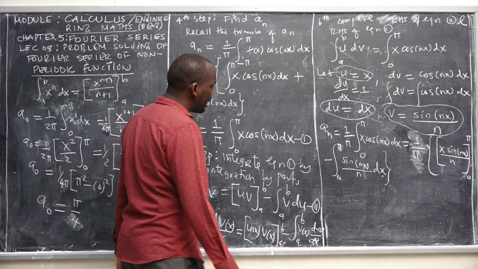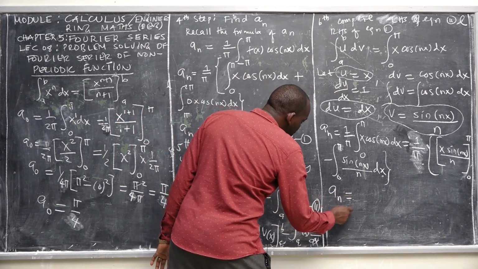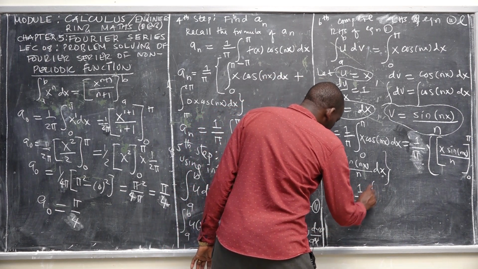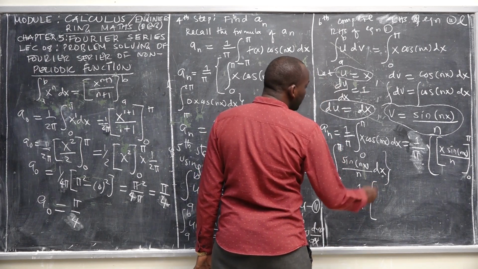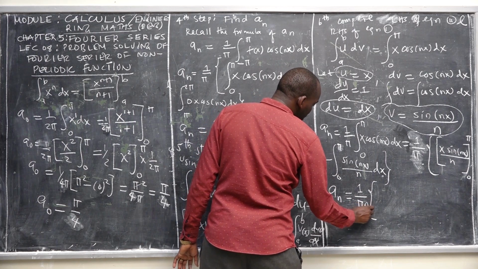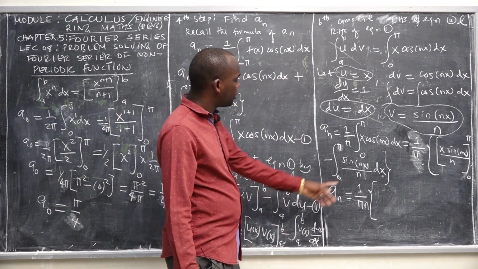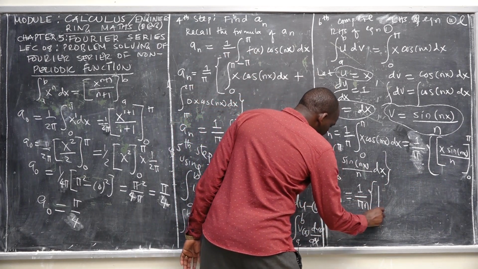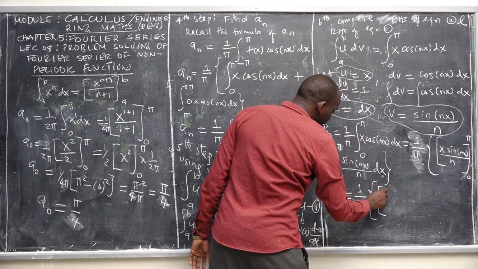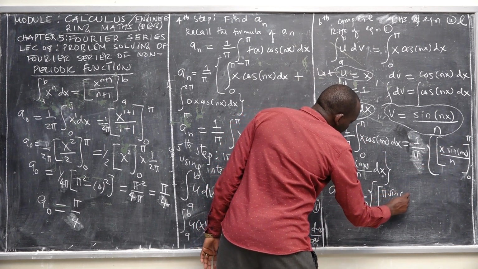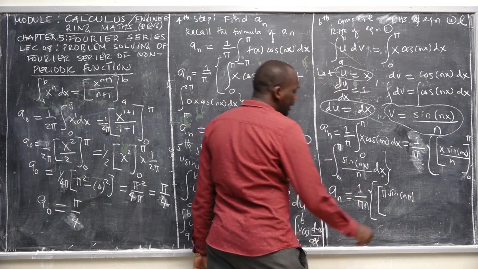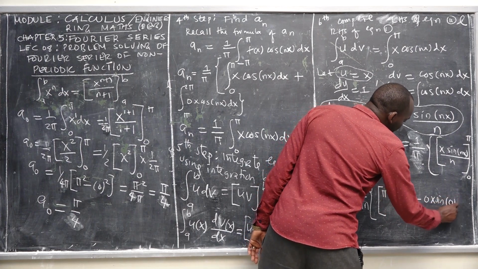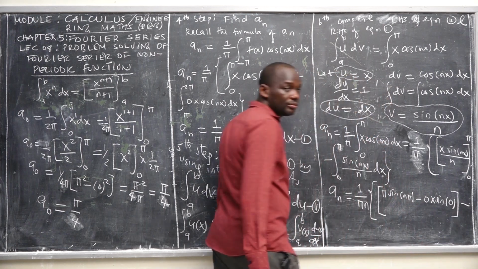Okay. Then we have a_n, so a_n is 1 over pi, and we open the curly bracket. n is common, so you can take it out. Are we together? Next, we substitute the upper limit. Here we have pi times sine of n pi, minus 0 times sine of 0 times n, minus.